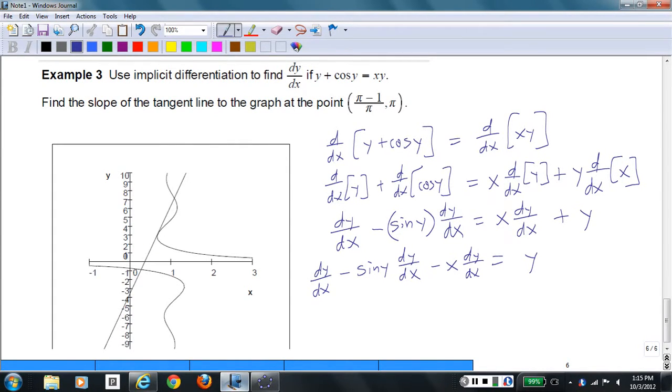What next? Factor out the dy/dx. So get them all together on one side and then factor out that common factor. We have dy/dx times the quantity 1 minus sine y minus x equals y.